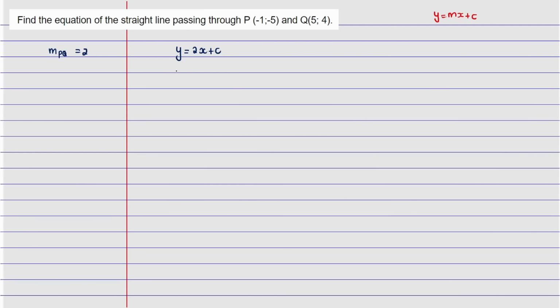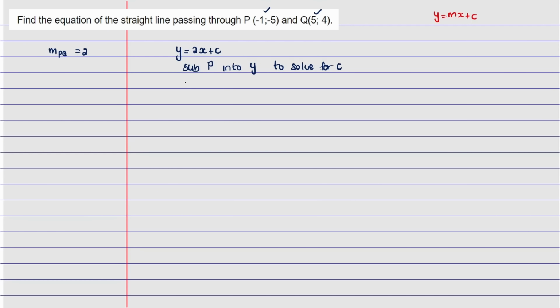Now we're going to substitute either P or Q into the formula. It really doesn't matter between the two. I'm going to substitute P into y to solve for c.